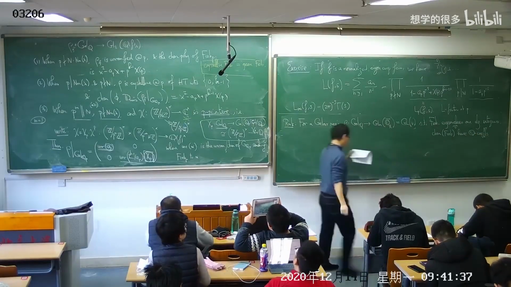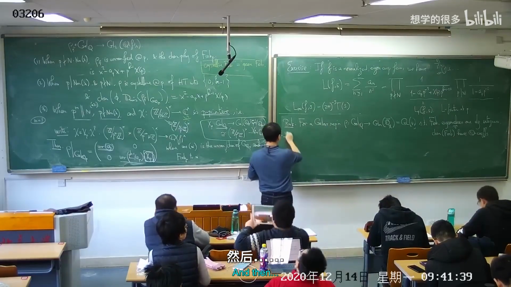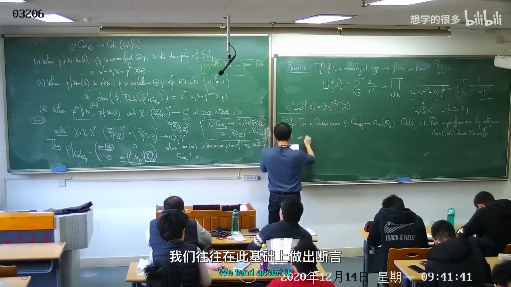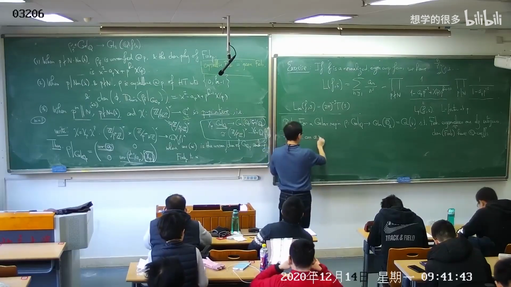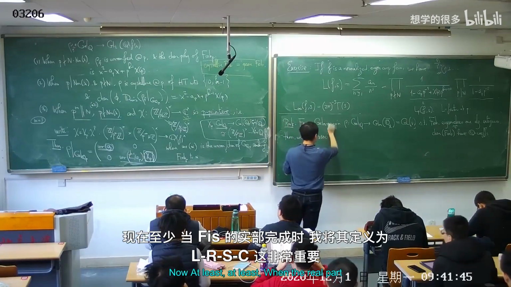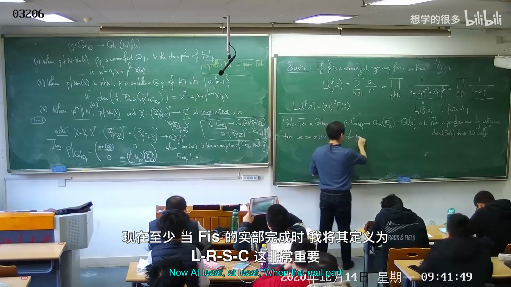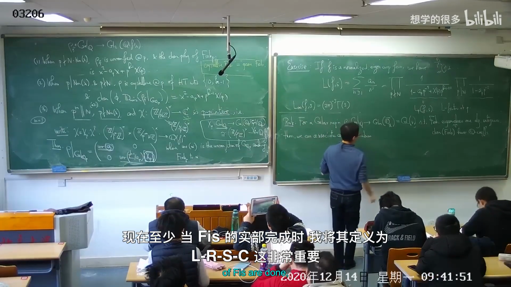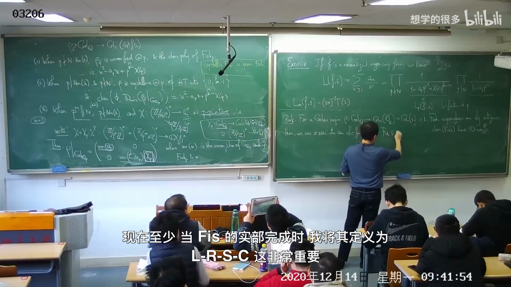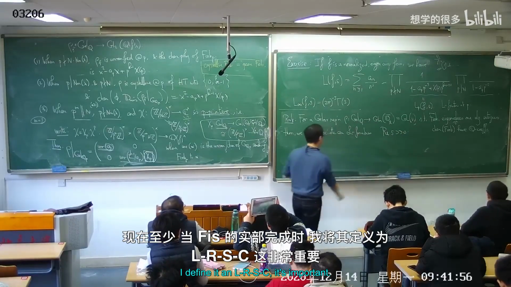Then we can associate alpha, at least when the real part of S is large enough, by defining it to be L(rho, S).